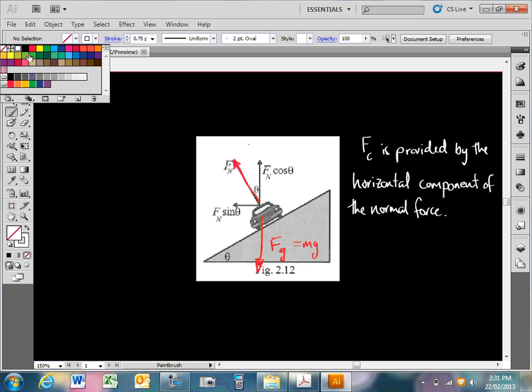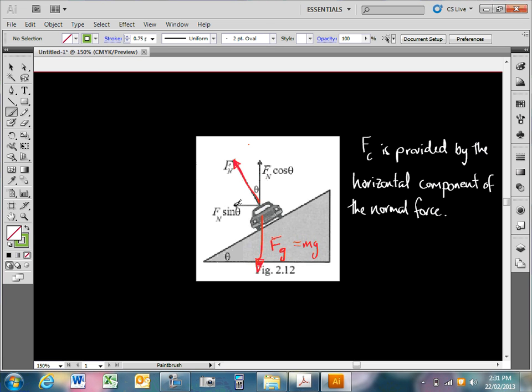And I'll just highlight it there. This is it here. This is the one that provides all of that acceleration towards the center of the circular arc that is the center of this banked curve. It's the only unbalanced force.